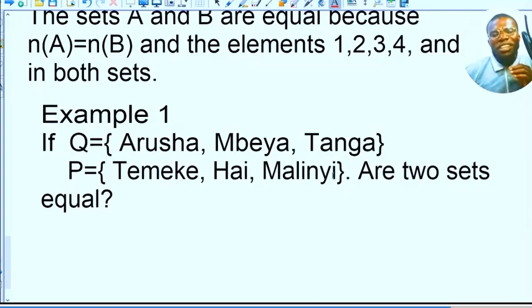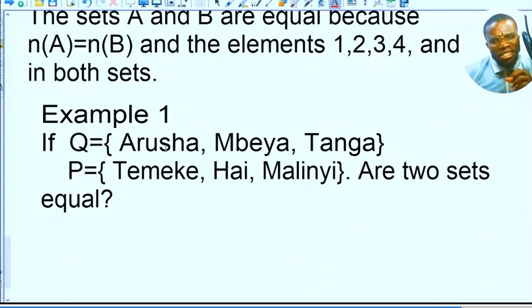They are also 3. So the first condition is satisfied, as both sets have 3 elements. But don't end there and make a conclusion. Consider the second condition, that these elements must also be alike.